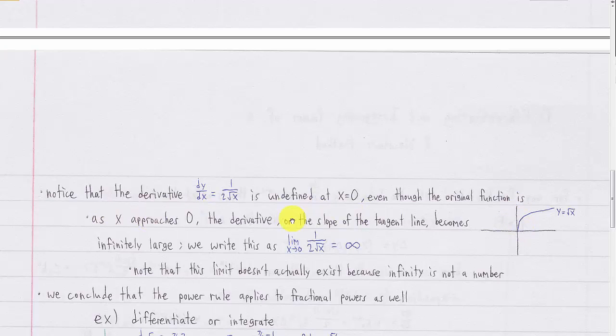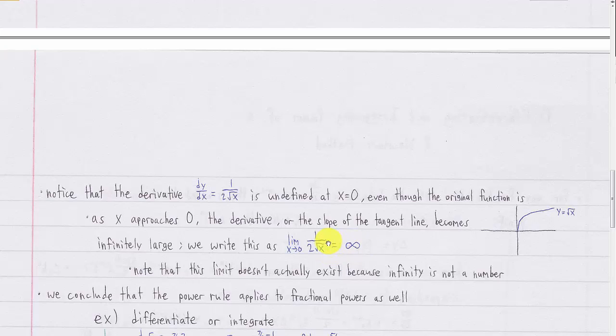So we can say that the limit as x approaches 0 of 1/(2 square root of x) is infinity. But be careful, because the limit does not actually exist. A limit has to be a number, and infinity is not a number. So really this expression doesn't mean that the limit is infinity.